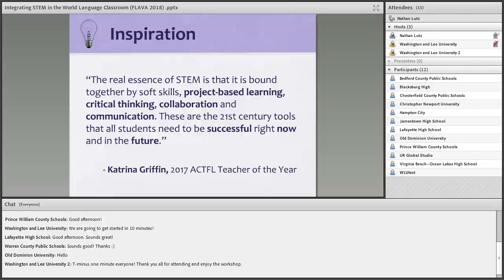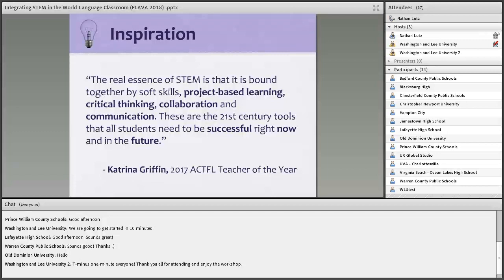She said, "The real essence of STEM is that it is bound together by soft skills, project-based learning, critical thinking, collaboration, and communication. These are the 21st century tools that all students need to be successful right now and in the future." And I really love this quote because it really tells us more than just what STEM is. Most people think, oh, that stands for science, technology, engineering, and math.